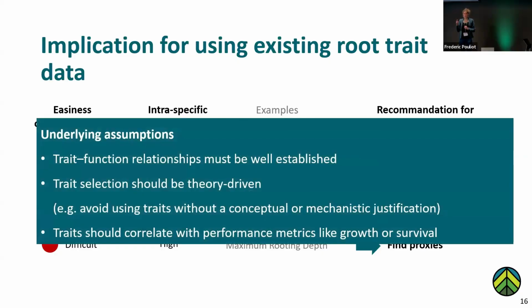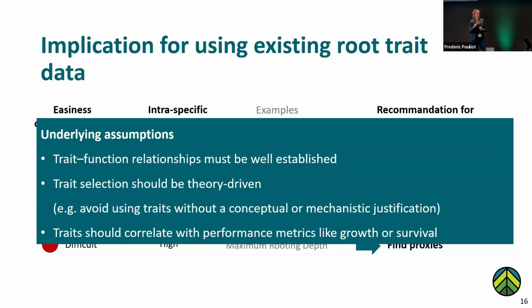Of course, in making this classification and these recommendations, there are several underlying assumptions, three of them. First, we need to know the relationship between the traits and the function. It's often the case, but sometimes it's not the case. Second, the trait selection, the traits that you put into the study or the models, the choice of traits should be theory driven.